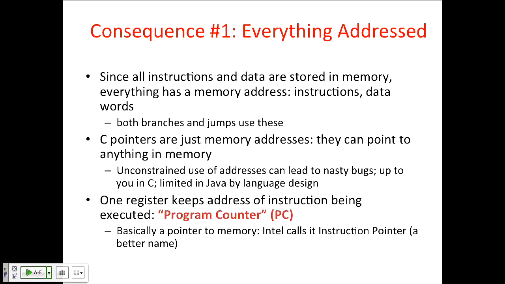The ARM processors used in your iPhones or Android phones, or lots of other places, use a completely different bit encoding. So if you want to take your C code and run it on two different kinds of machines, you have to recompile, and the compiler will generate the appropriate bit patterns representing the instructions for each of those different ISAs. The idea of binary compatibility is that two machines are binary compatible if they can run the same binary programs, right? I can just take the compiled code and run it on these different machines.